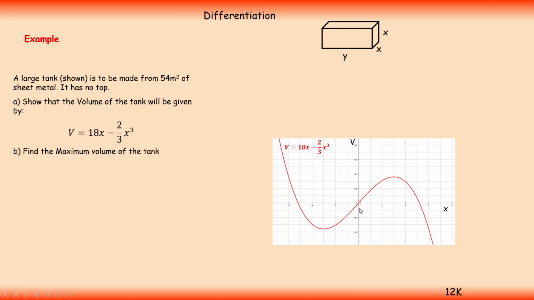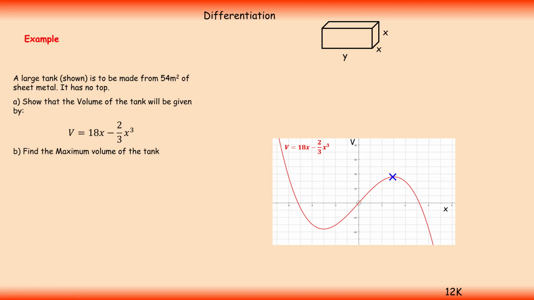The maximum volume of the tank is going to be here. At that point, it's got a horizontal gradient, so dv over dx is going to be equal to 0. So if we differentiate this equation and set it equal to 0, we can find x, and then we can sub it back in here to find the maximum volume.